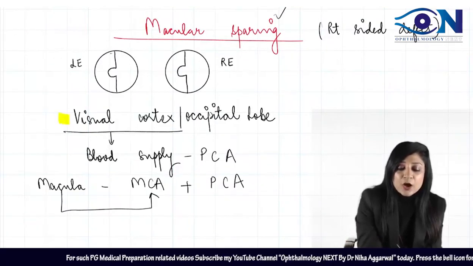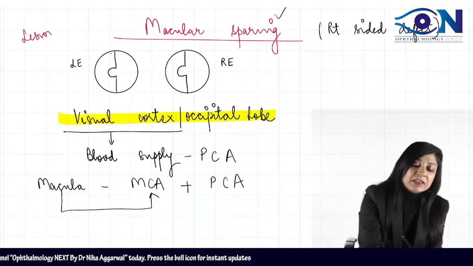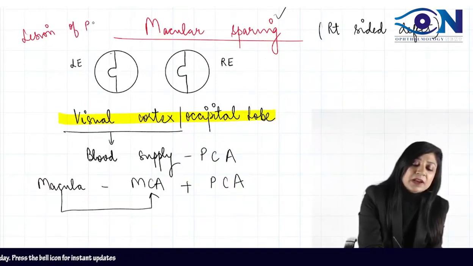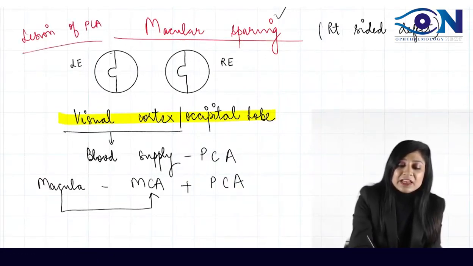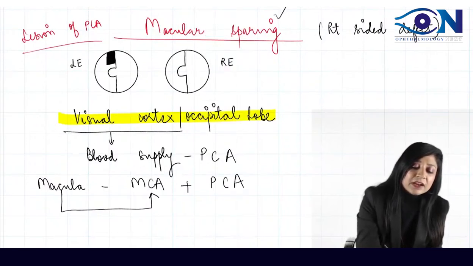Okay? Now, if I am having the lesion of posterior cerebral artery, then what will happen? If I have the lesion of posterior cerebral artery, then the peripheral area will get blind.